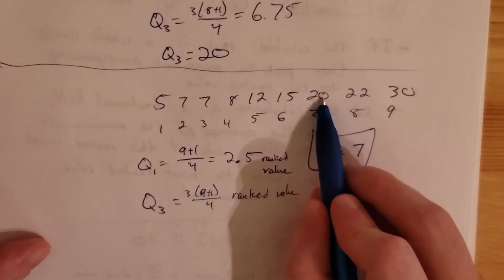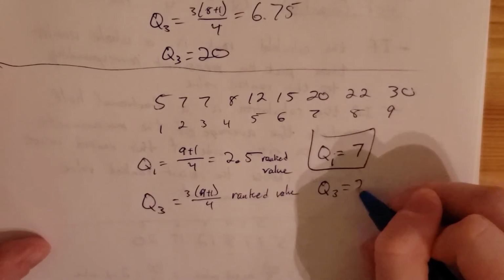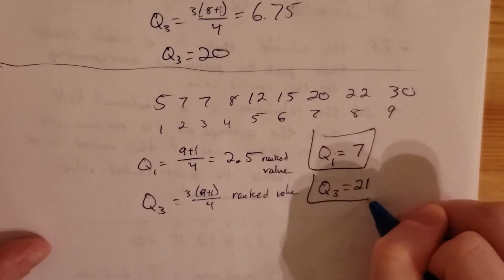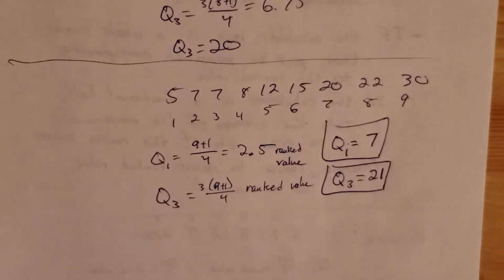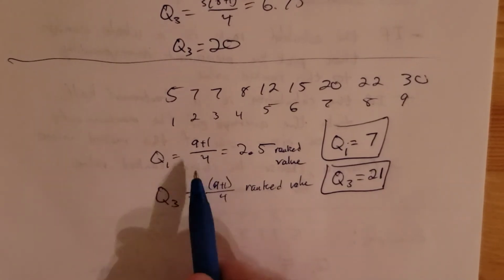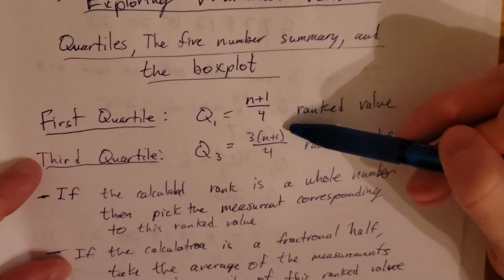So we take the average of 20 and 22. So Q3 is 21. And that is how we calculate our first and third quartile, given the 3 possibilities of our outcomes of this calculation.